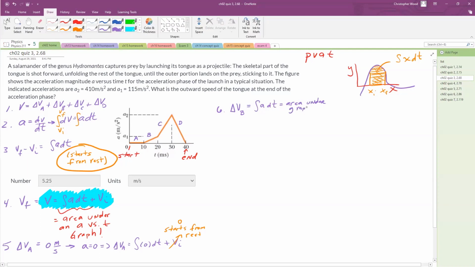So let's figure out what the area under the graph is. For segment B, segment B is a triangle, and we know how to figure that out.